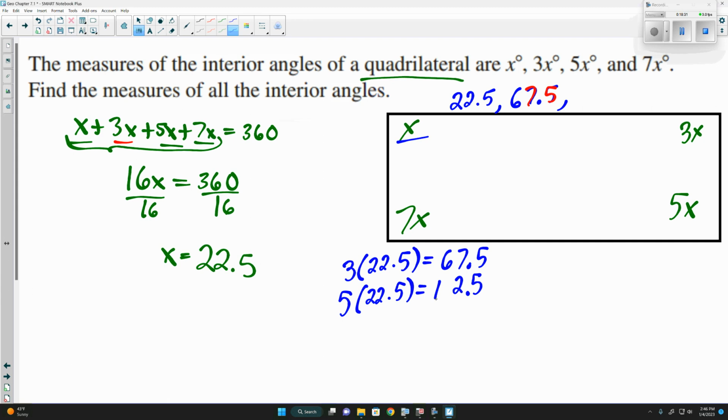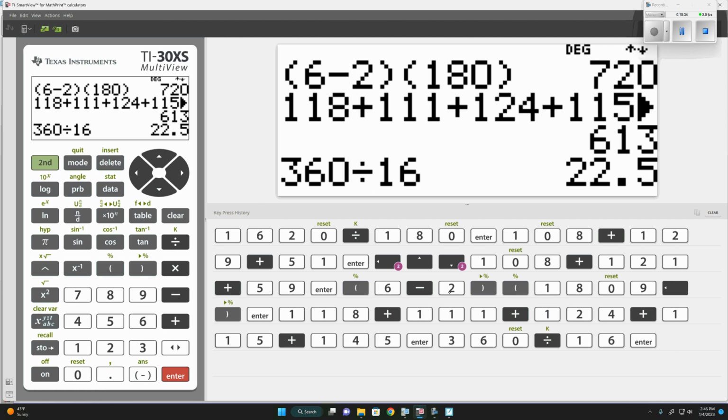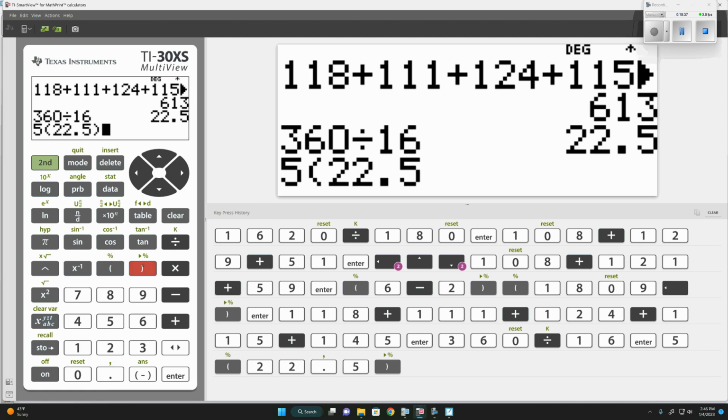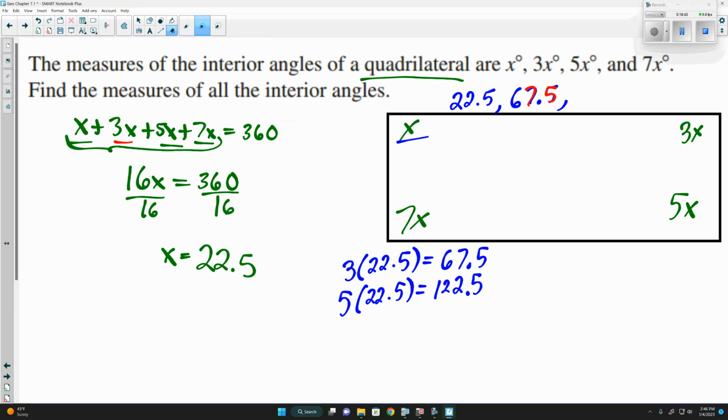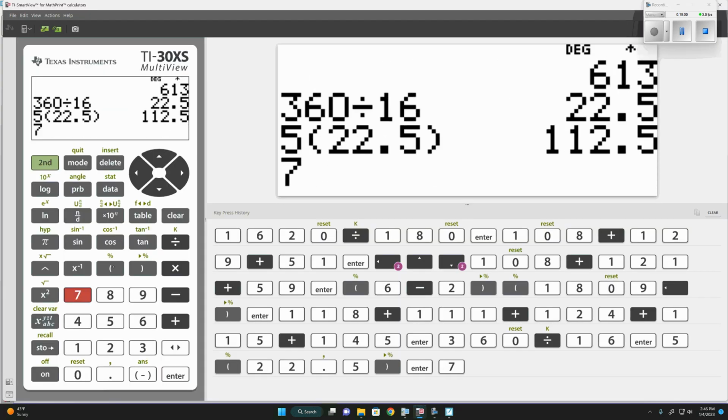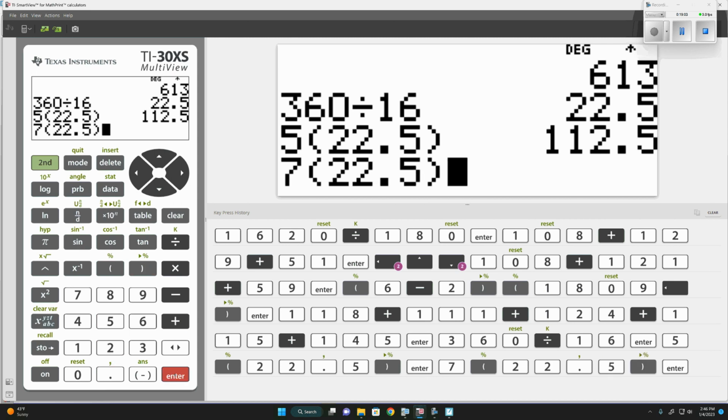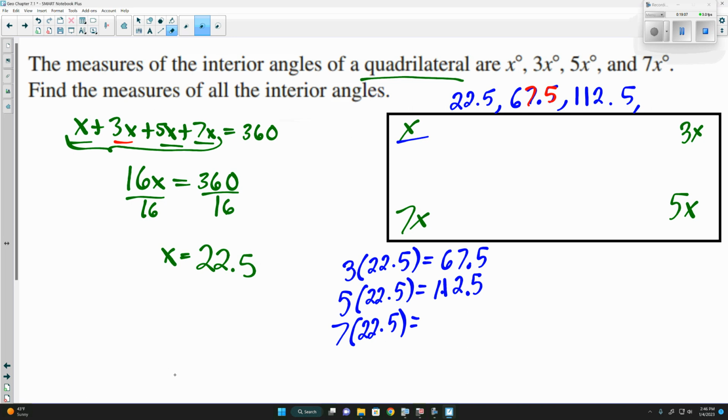So that's 112.5. And the last one we have to multiply it by 7, which is 157.5. That's it.